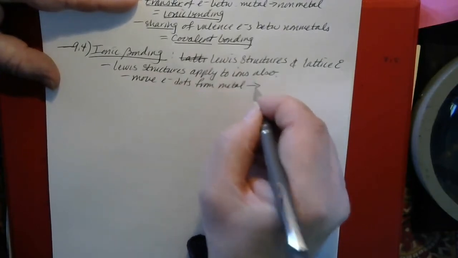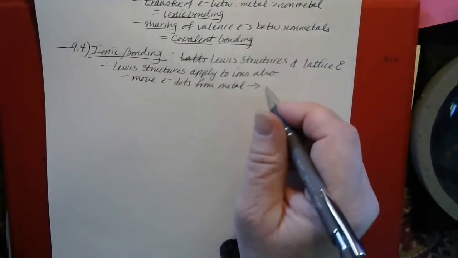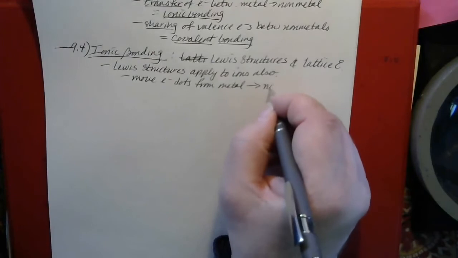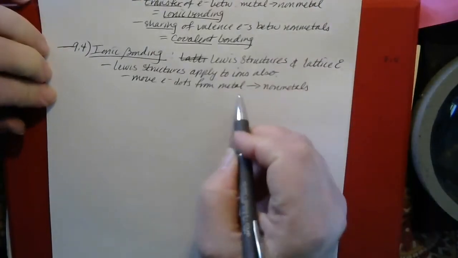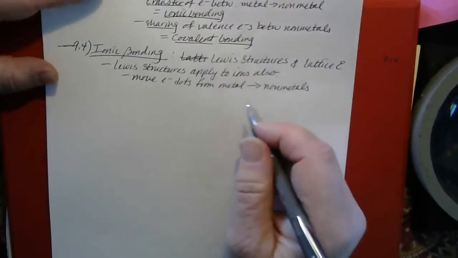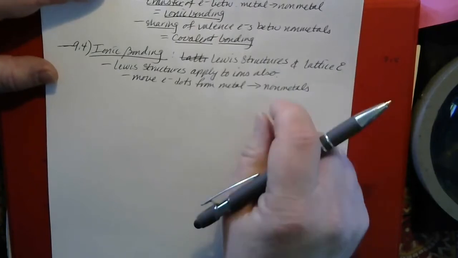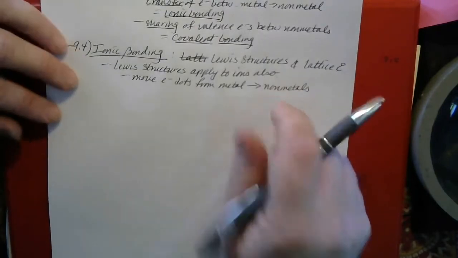So losing electrons like metals do just means moving some of the dots over to the nonmetals. And so losing electrons is like losing dots in terms of Lewis structures. Gaining electrons is like gaining dots. And of course, sharing electrons is like sharing the dots.